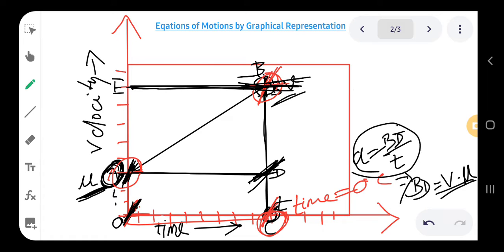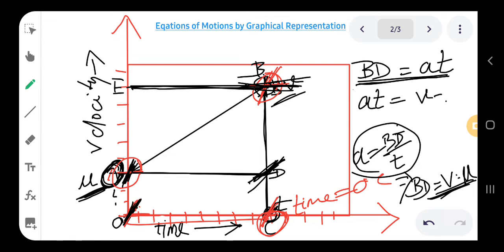This implies that BD equals AT. Here I am getting BD equals AT, and here BD equals V minus U. Can I equate these? That means AT equals V minus U. So can I write V equals U plus AT?